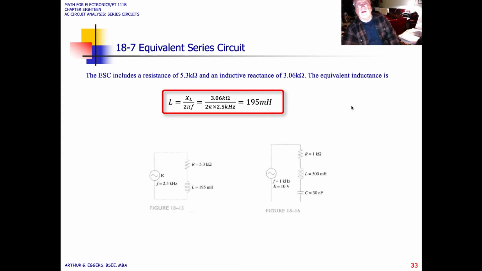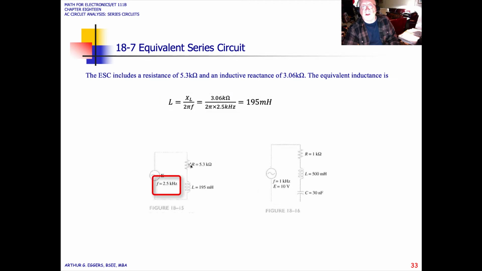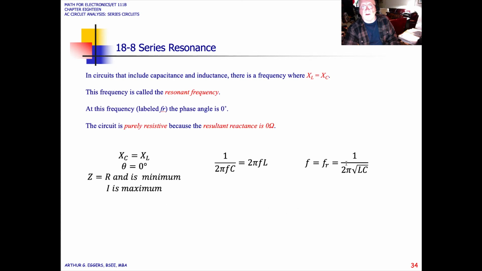Sorry about that. We can find the equivalent inductance then, 2 pi times the frequency. Our frequency was given here in the diagram. F is equal to 2.5 kilohertz. And in doing so, we end up solving for the inductive value.